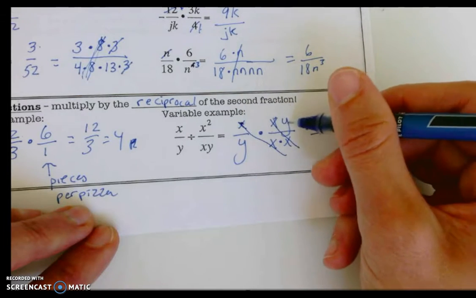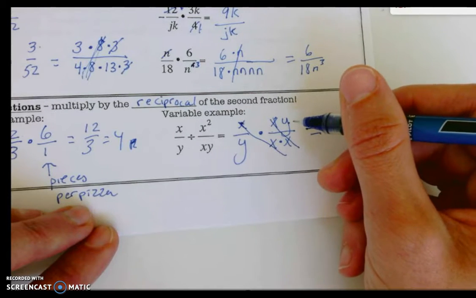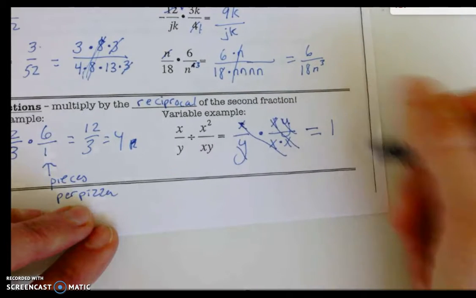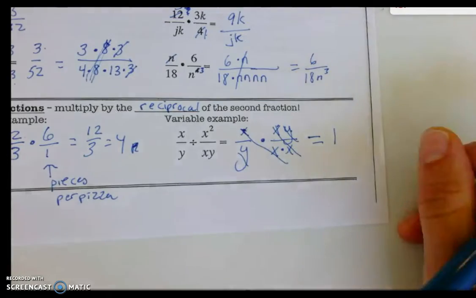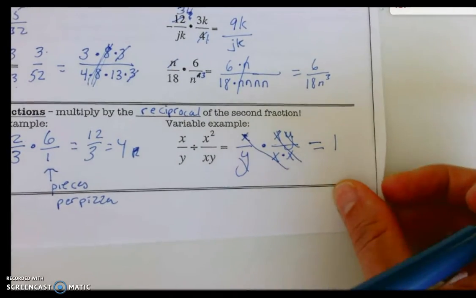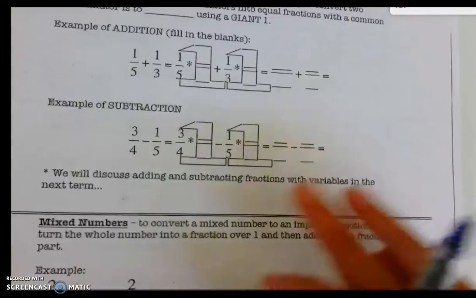And we also have a y in the numerator. Oh, no, we don't. Oh yeah, we do. Now we have a y in the numerator. This is just the same as 1. Let me double check that and get back to you. I checked it. It is true. I'm not sure how I feel about these variable examples. You can let me know whether you're completely confused by them or not in class.